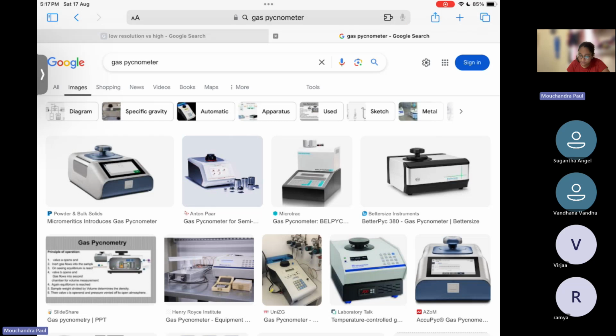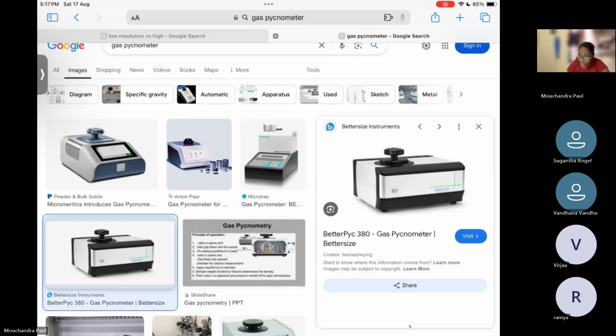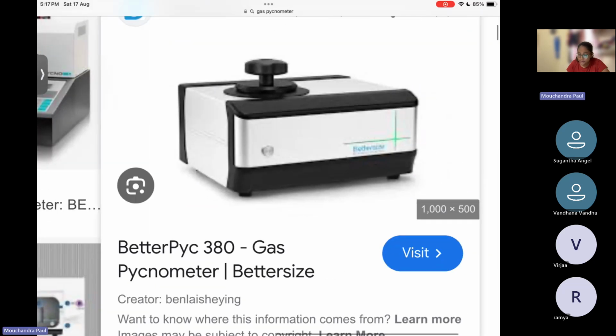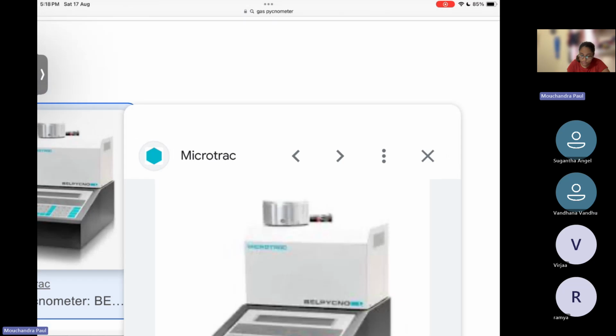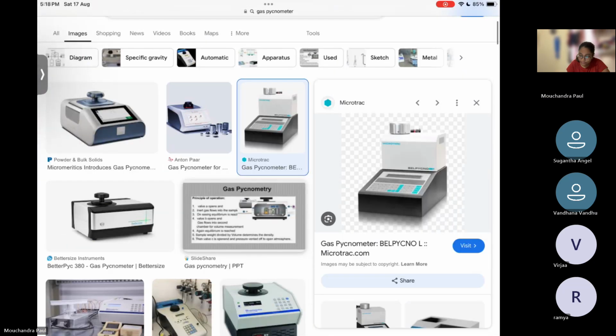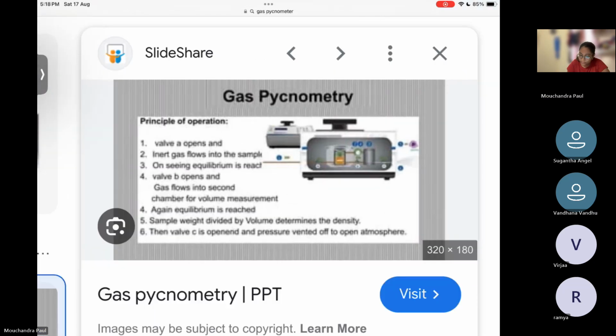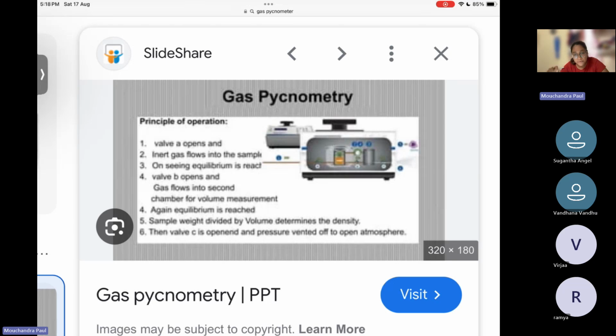This is how the instrument looks like. Here, what we are doing inside this instrument, we keep our sample inside the instrument and we flow some inert gas through the sample. So if the material is porous, the inert gas can enter within the pores.